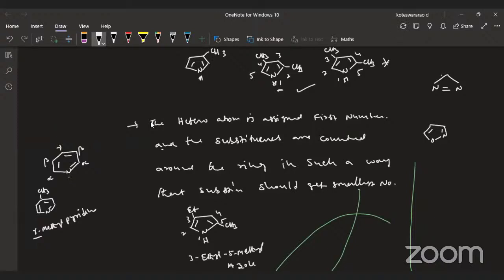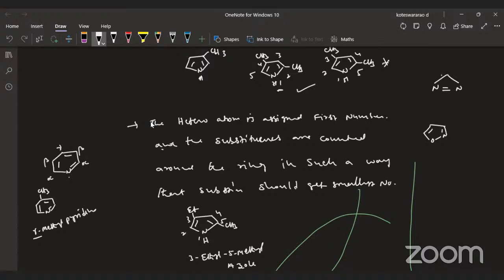But whenever you are assigning the name, the order of priority should be followed. The heteroatom belonging to the higher group in the periodic table and having the lower atomic number gets priority.